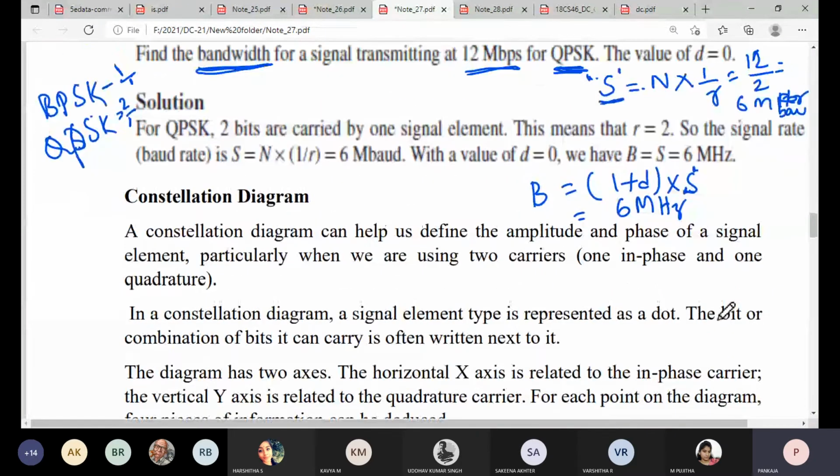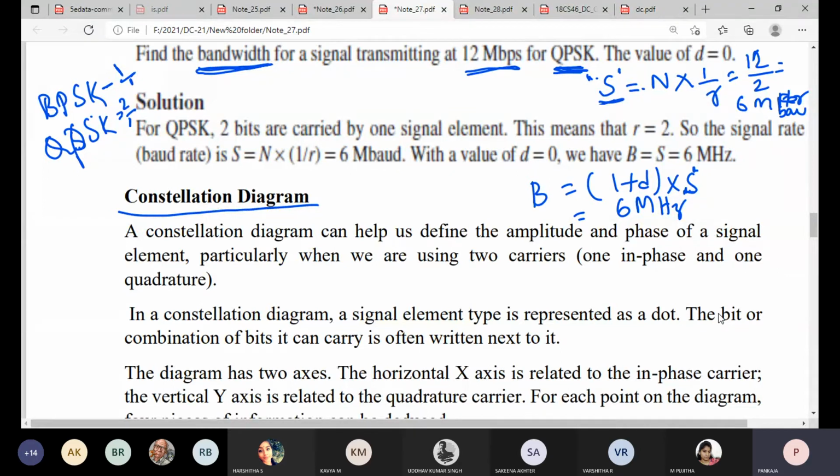So next we have one more important term called constellation diagram. So what exactly does a constellation diagram tell? It is just a simple diagram that tells about the amplitude and phase of the signal element.